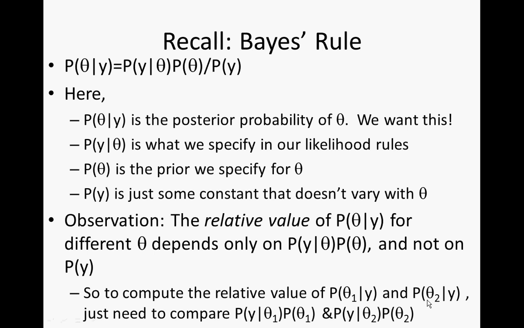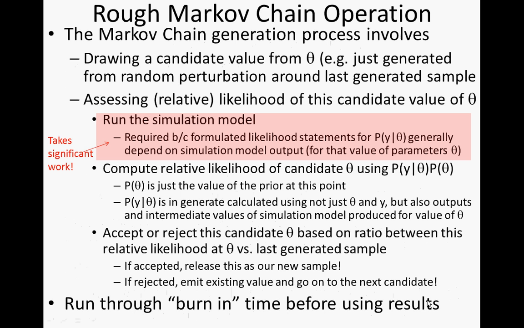Those are parameter vectors. Okay, so let's talk about the use of this Markov chain to sample from this posterior distribution. Essentially, and this is an approach associated with Metropolis Hastings type Markov chain Monte Carlo approaches, we're going to draw a candidate value of theta.